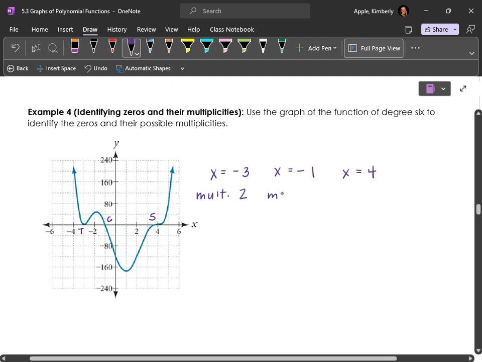At negative 1, it crosses straight through, so this is multiplicity 1. And at x equals 4, we would expect a multiplicity of 3 because it does have that saddle point. And notice again, we do have 6 zeros, which we would expect with a function of degree 6: 2, 3, 6.